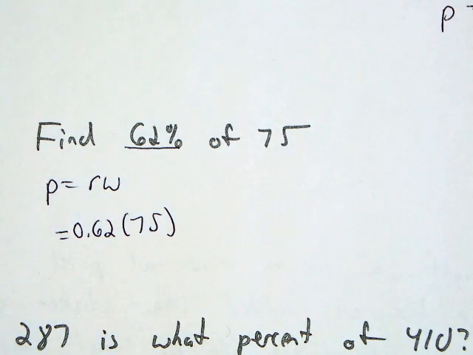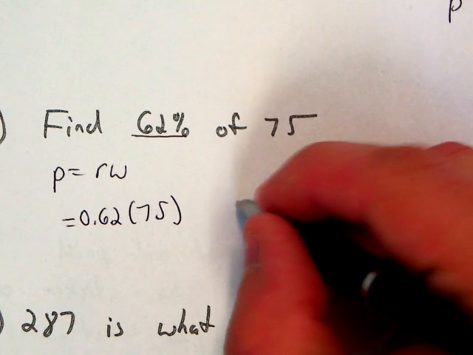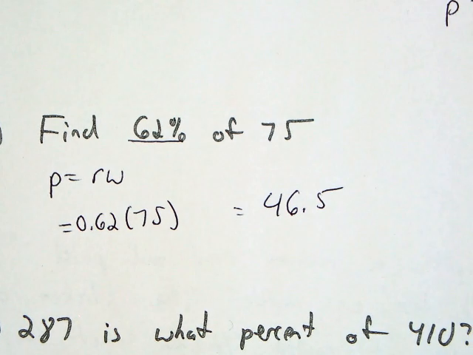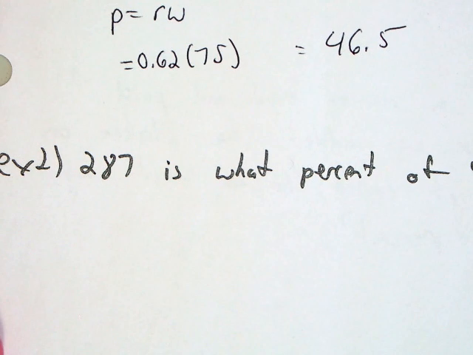If I go ahead and work out this calculation, 62% of 75 is going to give me 46.5. So 62% of 75 is 46.5. Very similar to Lesson 1, now let's look at a different style of problem.